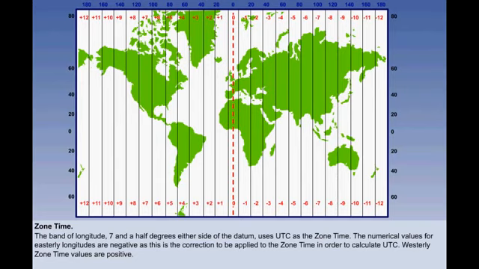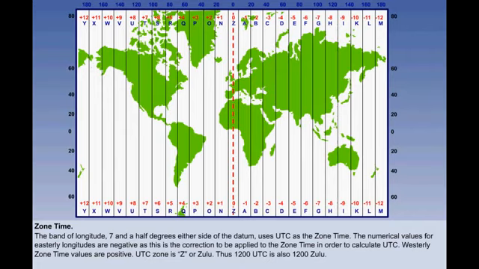The zones are also given letters, as shown with the UTC zone being Z or Zulu. Thus 1200 GMT is also 1200 Zulu. When approaching 180 degrees longitude in the Eastern Hemisphere, between 172.5 degrees east to 180 degrees, the time difference is shown as minus 12 hours.